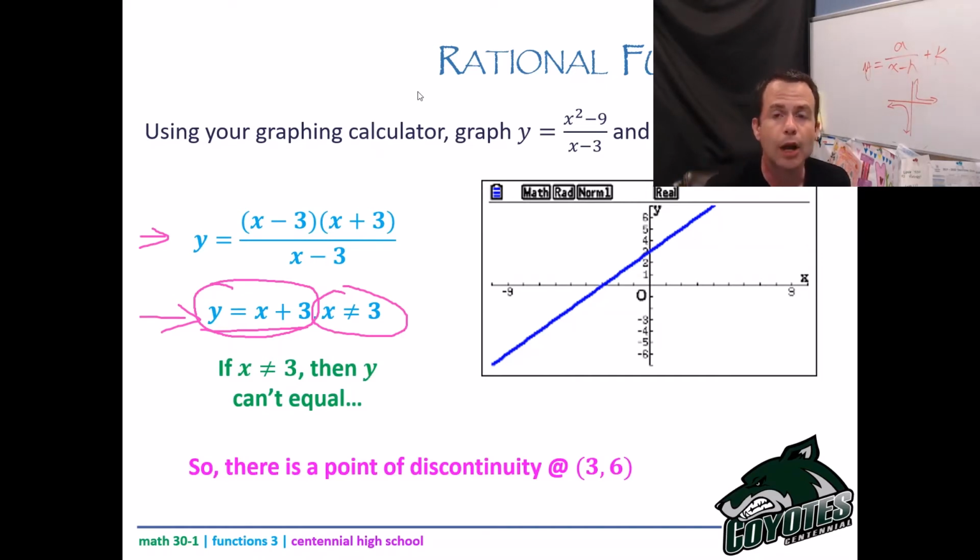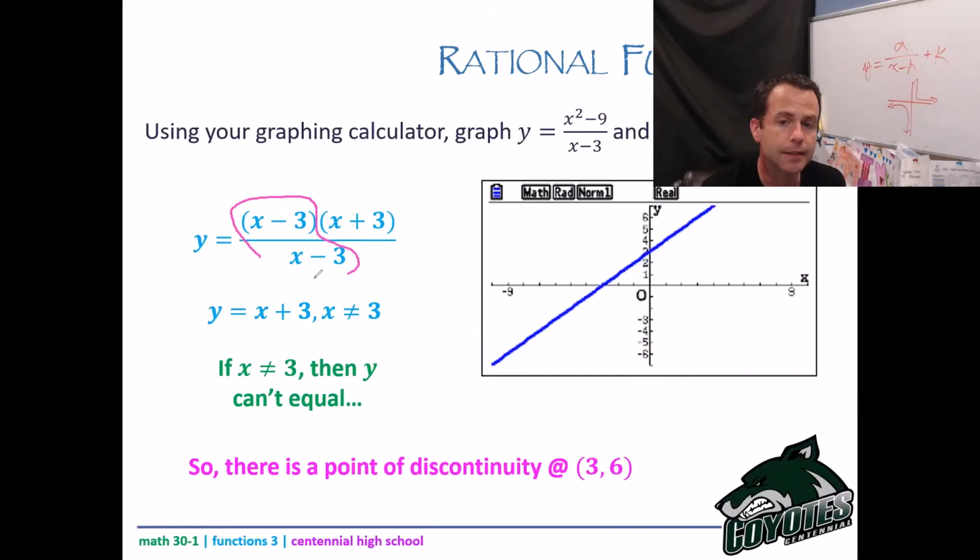Okay, now, this might stress you out, and this might make you say, well, how do I know whether I have a point of discontinuity or whether I have a vertical asymptote? And here's what I want you to notice. Okay, just let me get this ink off for you. The point of discontinuity happens because there's the same factor on the top and the bottom. So if a factor exists on the top and the bottom, on the numerator and the denominator of the fraction, that's what creates the point of discontinuity instead of a vertical asymptote.